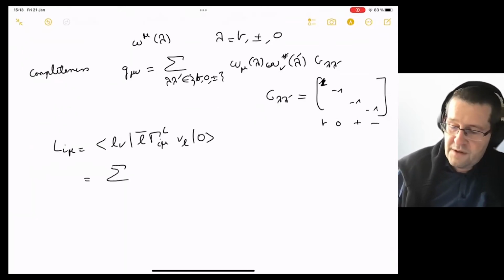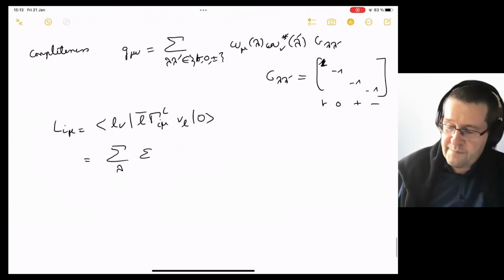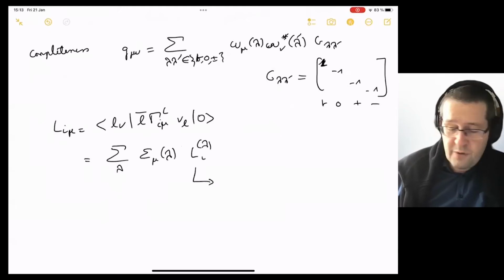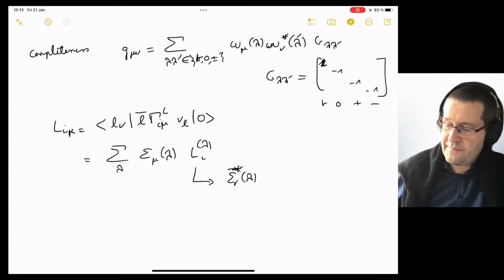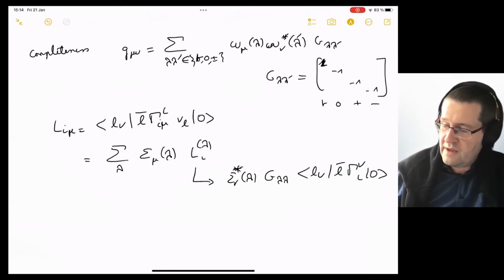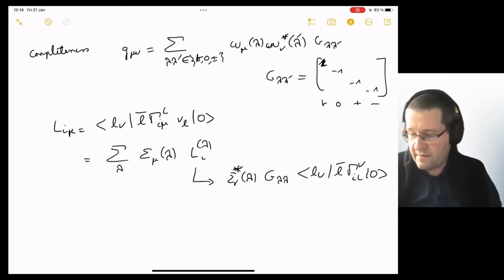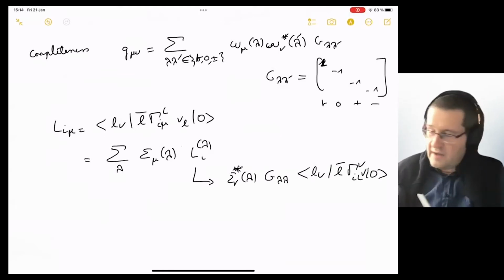So if I got this, I can just say that actually it's a combination of different terms corresponding to given polarizations. I will put epsilon star here, nu lambda, g lambda lambda prime, and the lepton current with gamma mu and nu here.